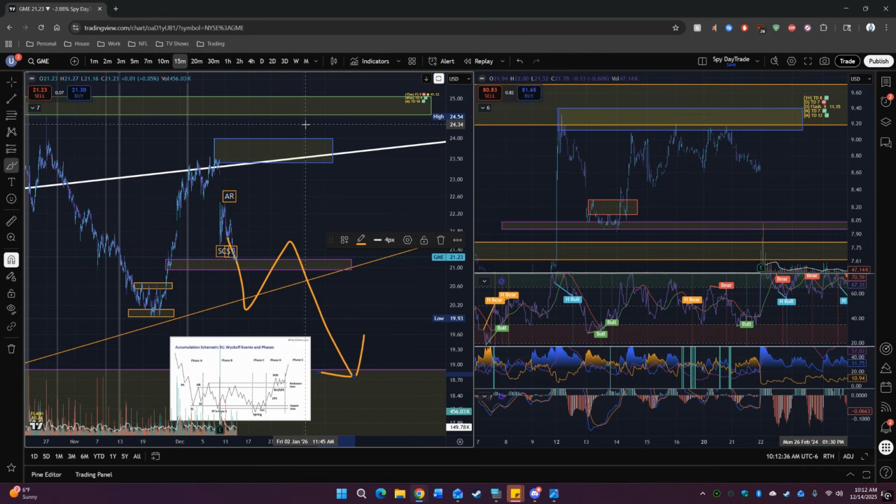And so the same concept is here. If we don't hold this box, it could very well turn into a redistribution and go lower. Even if you get an automatic reaction, man, this thing could even go up to 25 and reject down, because we know we have big, heavy resistance in the past from that.